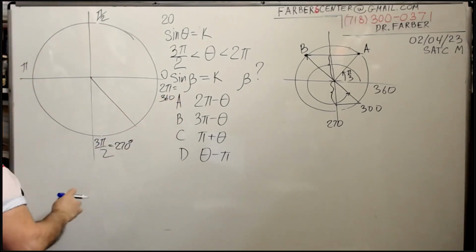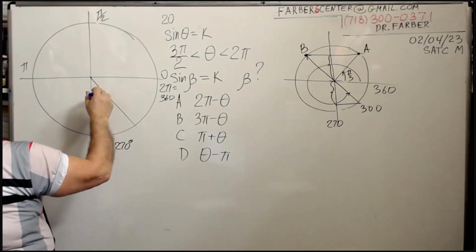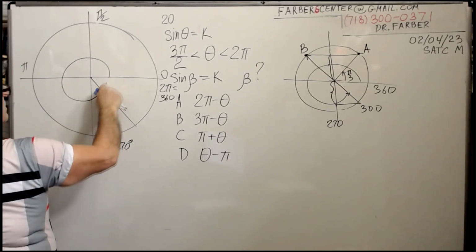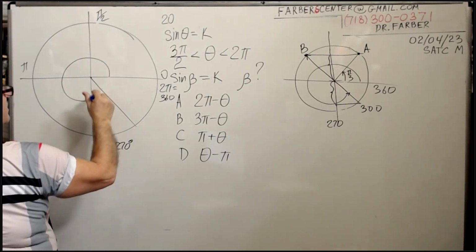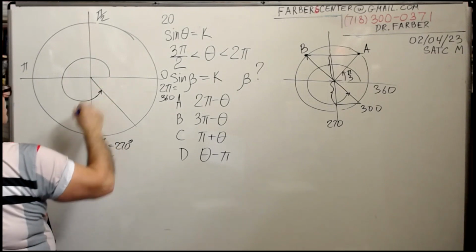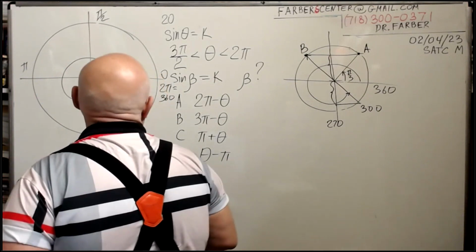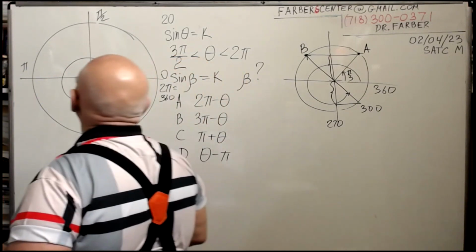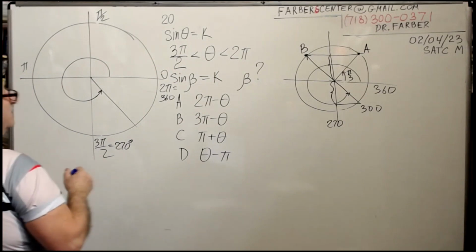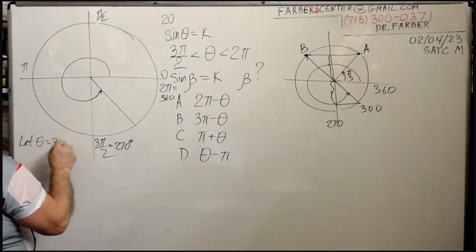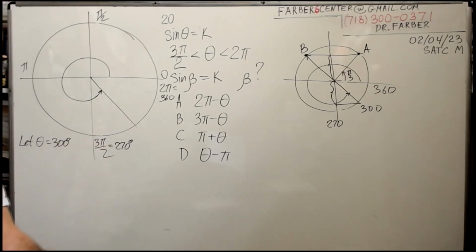In the fourth quadrant, this is the angle. Let's say a simple number, just for explanation. Let's say 300 degrees, only for explanation. So let theta equal 300. You can feel it, right? So what is 2 pi minus theta?